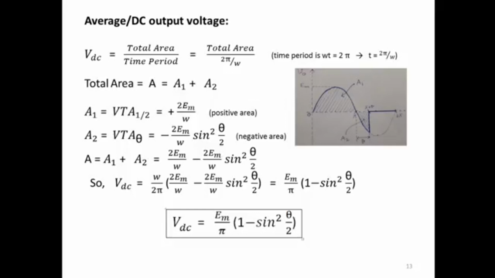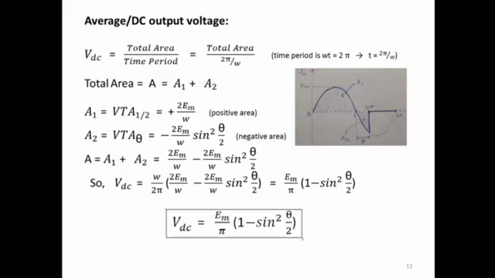Now here you can expect some numerical problems. You will be given a certain value of Em, say for example 50 volts. You can be given a value of R, say for example 5 ohms. You will be given a certain value of L, say for example 5 millihenry.